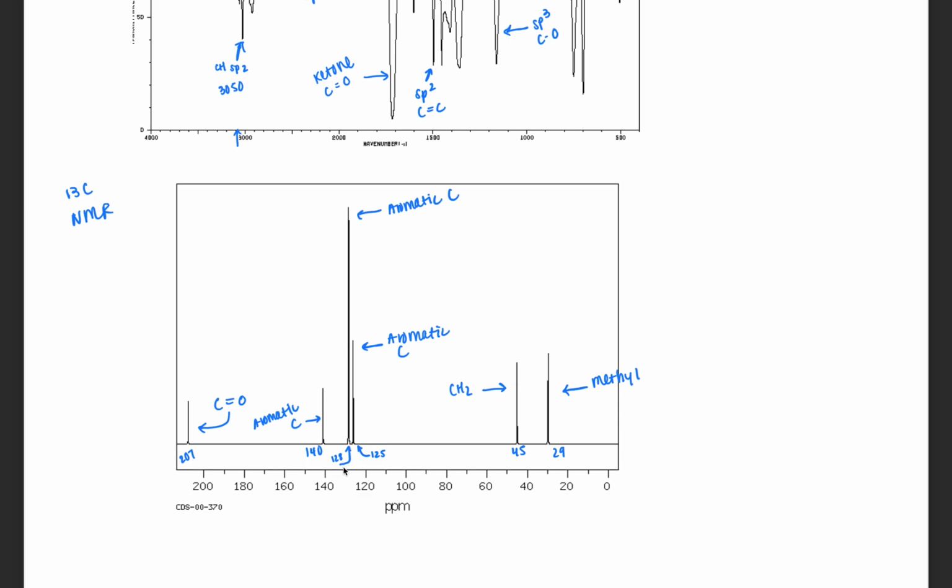At 128 ppm we have another aromatic carbon, and then at 140 ppm we also have an aromatic carbon.